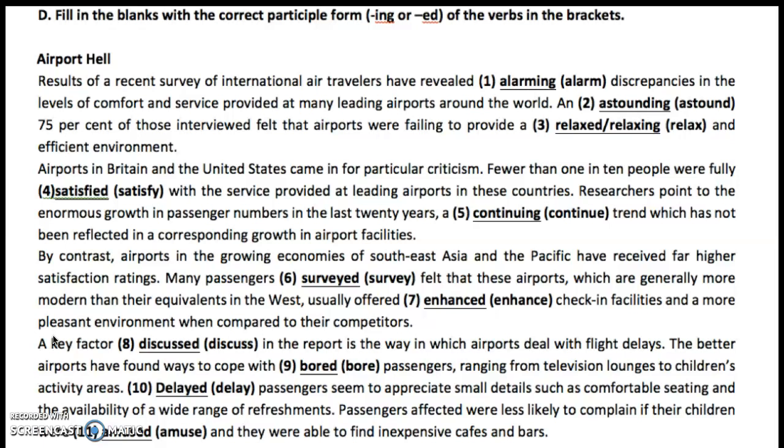As you remember, we use ing adjectives to describe something or someone, and we use ed adjectives to say how people feel about something or someone. Now look at each answer from this point of view and try to make sense of them.